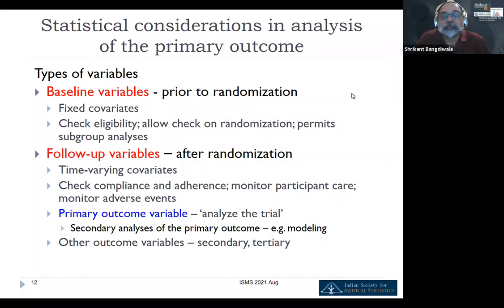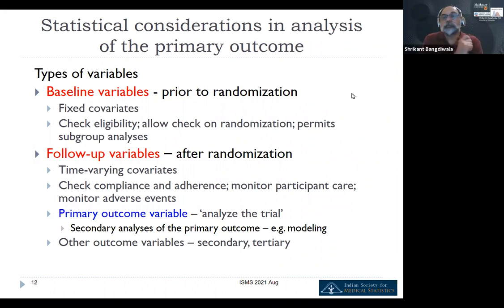So, as I said, the primary analysis on the primary outcome is dependent on the type of variable and the type of hypothesis as well. So how does it depend on the type of variable? What sorts of variables do we have? We have multiple types of variables. We have the baseline variables that are prior to randomization, maybe at the screening stage. We consider those as fixed covariates that may be considered if we're doing modeling.